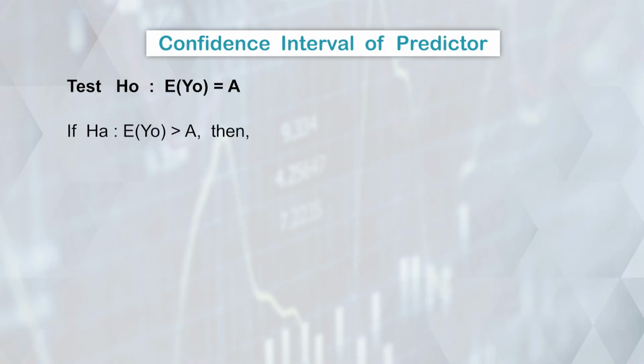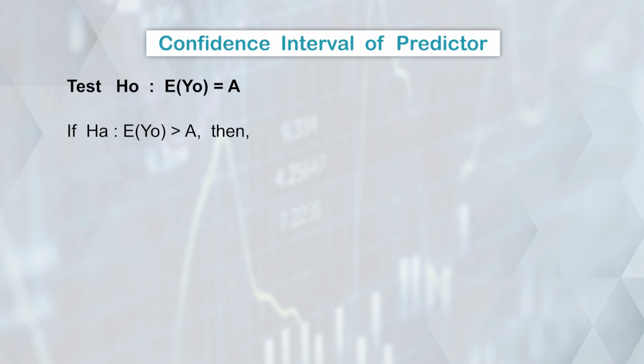Now we go for the one-tail test. By one-tail test we mean either we go for the greater than sign or the less than sign. So this goes to the next important alternative hypothesis where we want to claim that the mean value of Y0, that is the expectation of Y0, is exceeding the specific value.